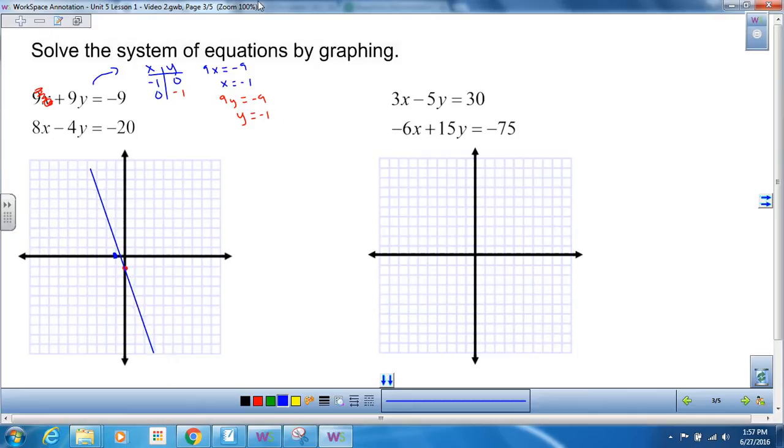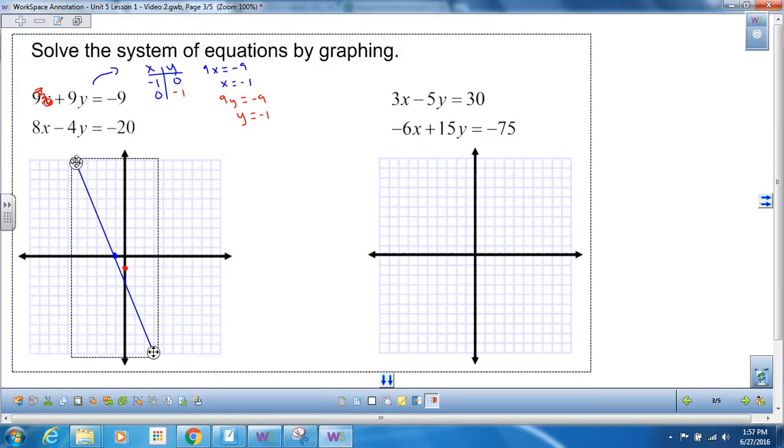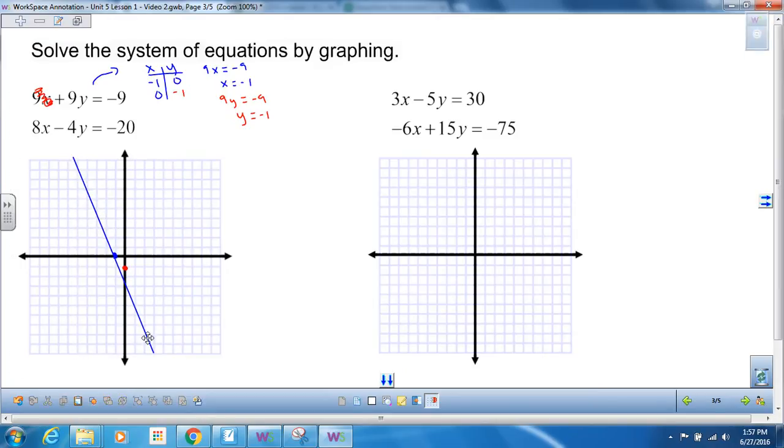Give me a chance to fix this line. And then in the second one, we do it the exact same way.